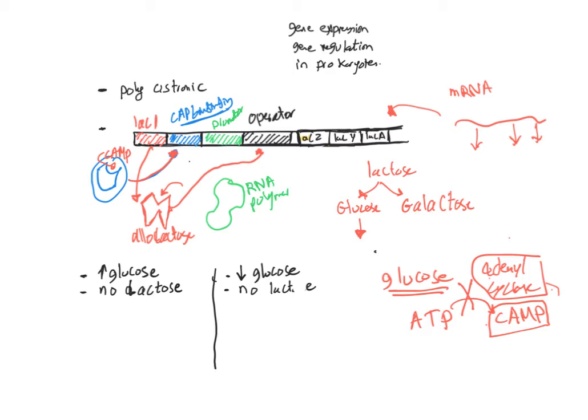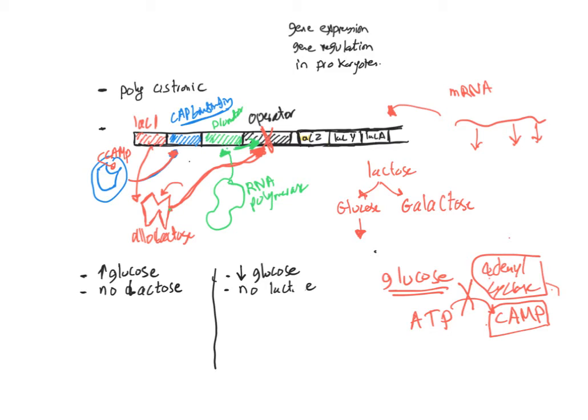RNA polymerase normally would just go and bind to the promoter and keep working. But if this protein binds here at the operator, it will block the RNA polymerase from transcribing. So it won't be able to move if the repressor is free like that.